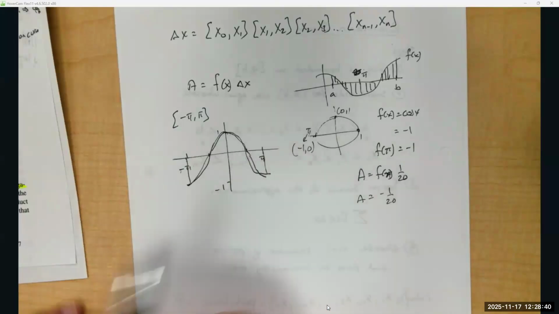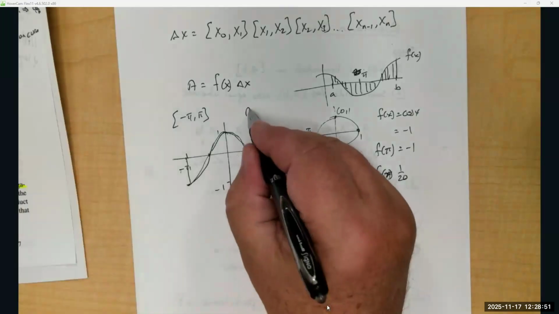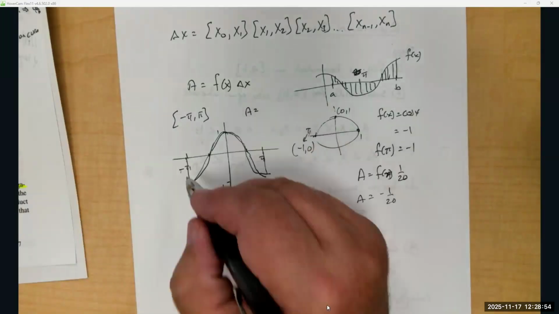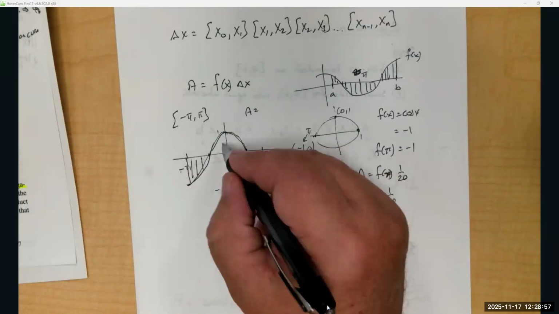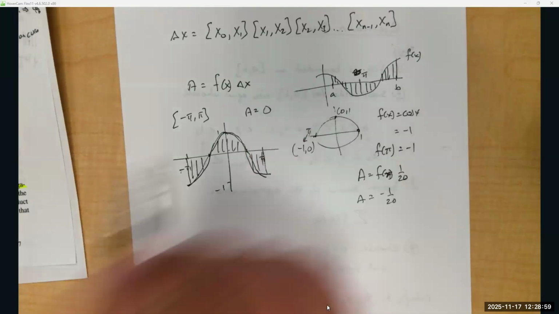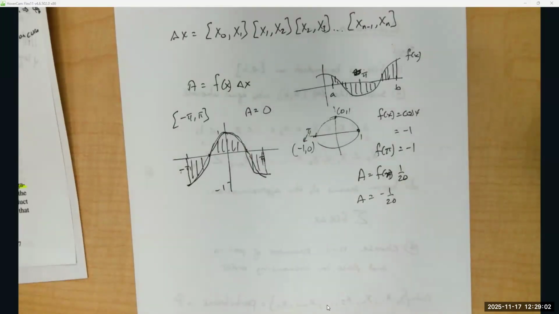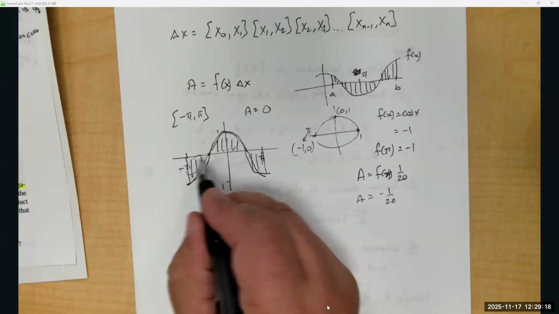What would the area of that function be? Based on this exercise, it's the area underneath, this area here and this area here. Why would it be 0? Because the two halves are equal.